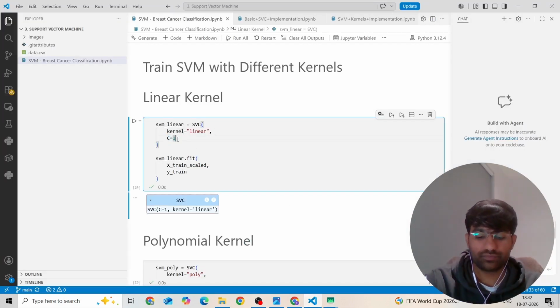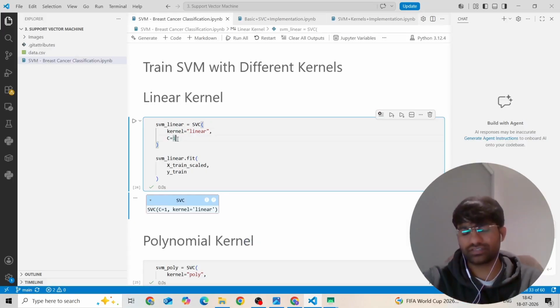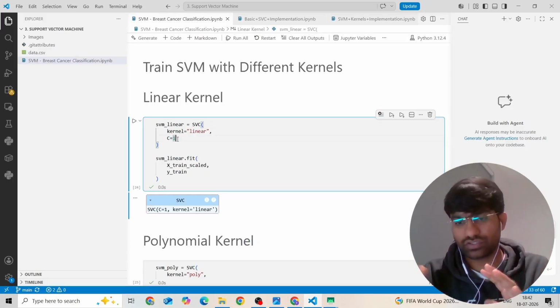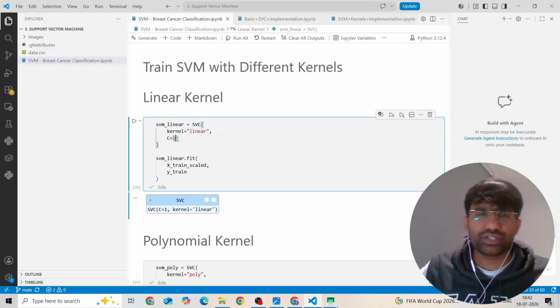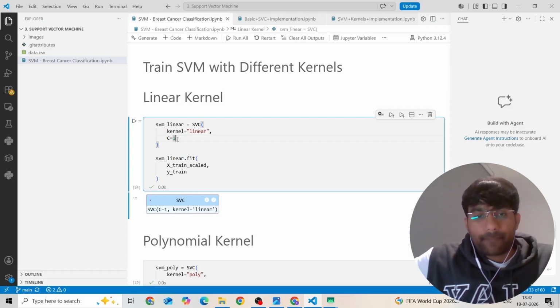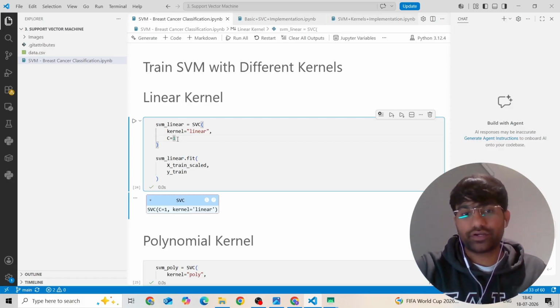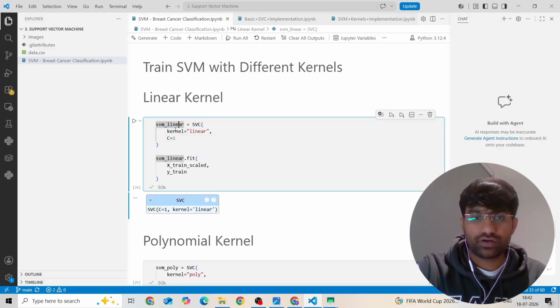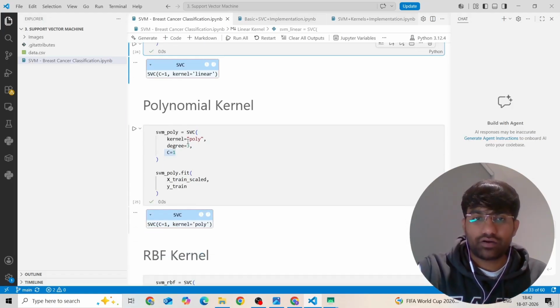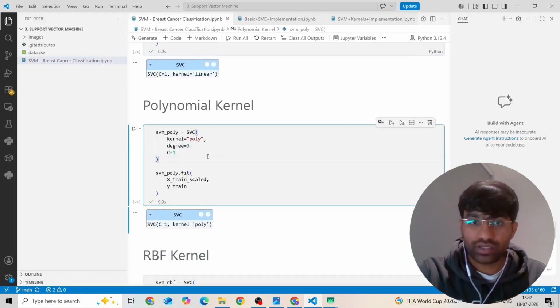C is equal to 1. Consider it as 1 unit, not too much or too little. I will demonstrate how to use different C values in hyperparameter tuning. So for the linear model, I am using the hyperparameter C as 1, which will control my error. I have also done the polynomial kernel.